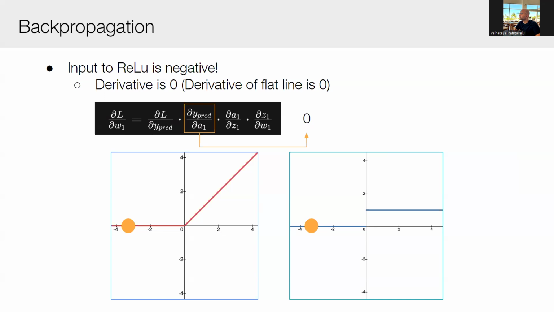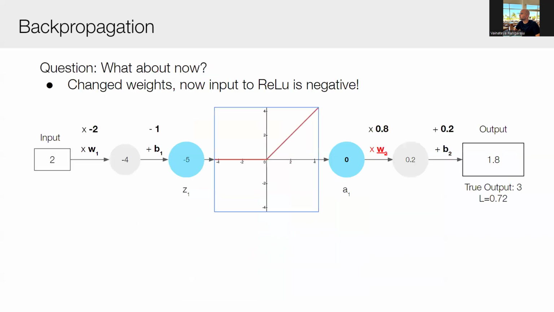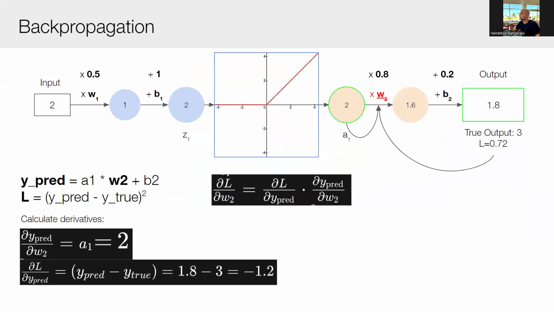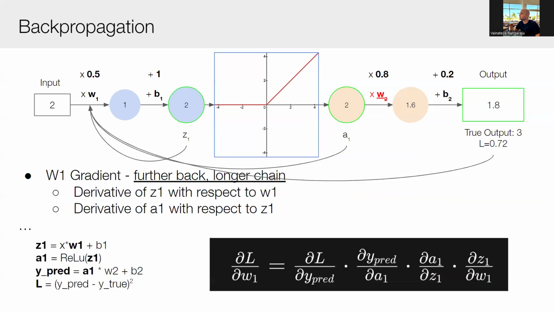Anything that's happening before, when we calculate the derivative and the gradient and do the extended chain rule approach, the term that corresponds to our activation will always be 0, because the derivative is always going to be 0 for all the negative values. And this made sense because before, when we talked about how the composition worked with those 4 functions that we had, we wanted to predict what y prediction was.